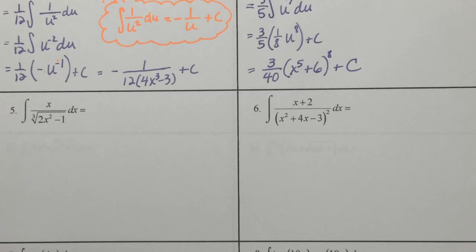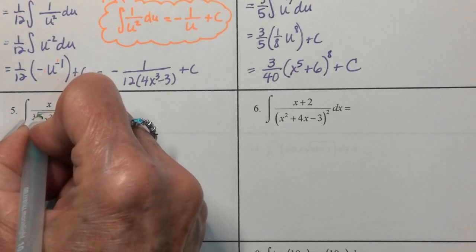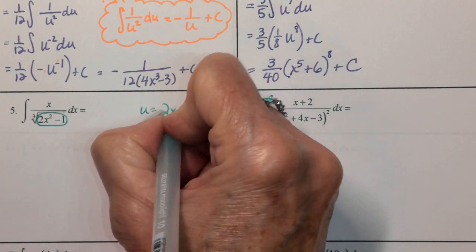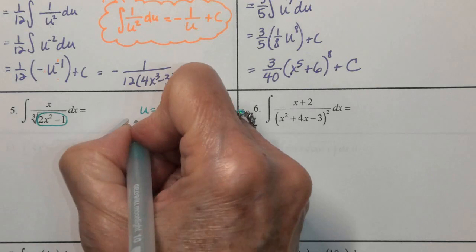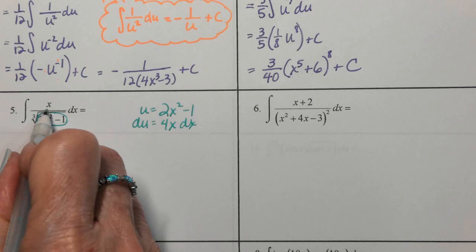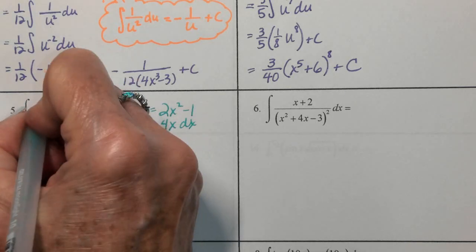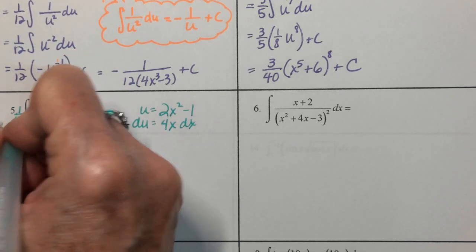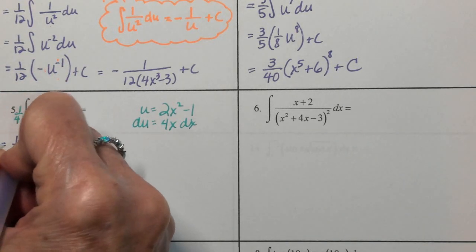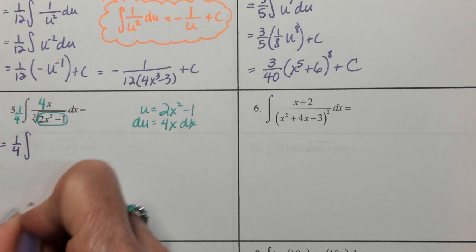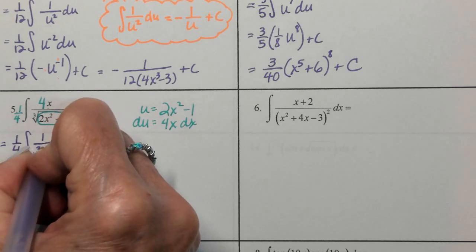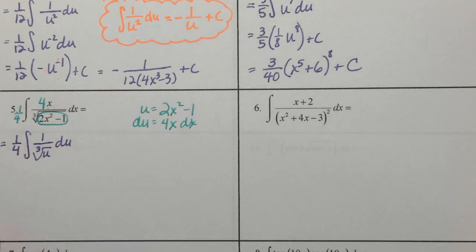Okay, number 5. I'm going to let u be what's being raised to the power. So u is 2x squared minus 1. du is 4x dx. I have the x dx. I need the 4, so I multiply by 1/4. So I have 1/4 times the integral of 1 over the cube root of u du.